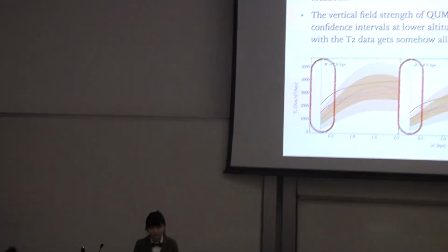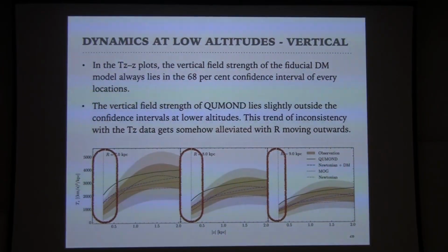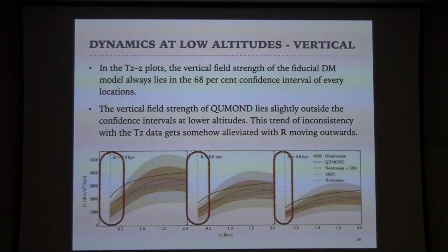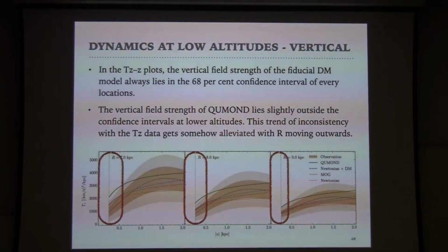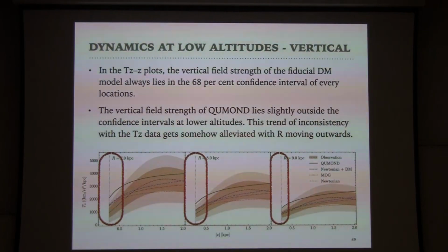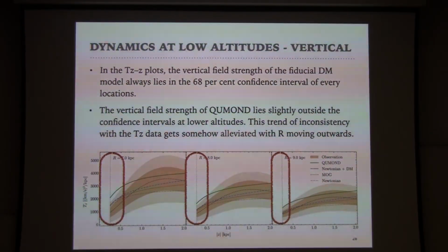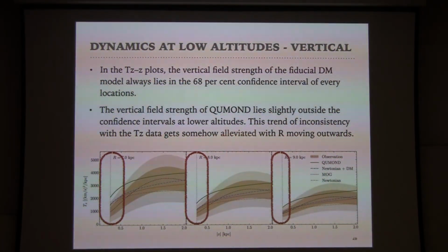Interior to 4 kiloparsecs, you're in a high acceleration regime, so I'm surprised there is much of a difference between the QUMOND and the Newtonian prediction. You're almost just a little beyond the bulge, so the accelerations there are going to be very high. I'm surprised there is a significant difference between QUMOND and Newton in that region.